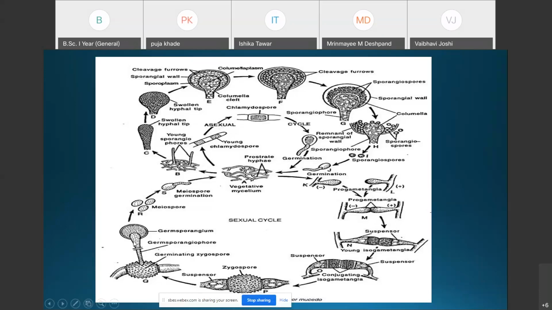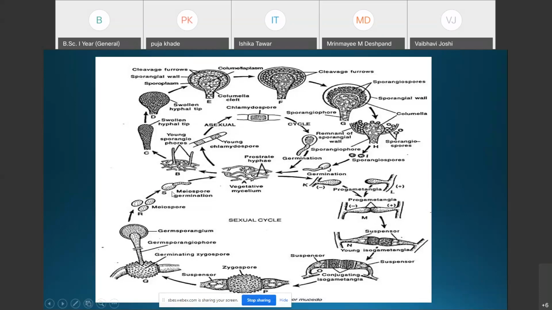The nuclei move into the tip region, which swells, and it is called the sporangium. As these spores are formed due to meiosis, which takes place in the zygospore, they are referred to as meiospores.